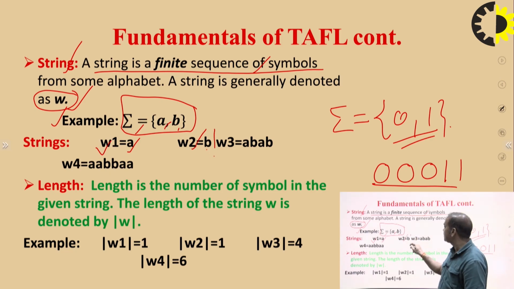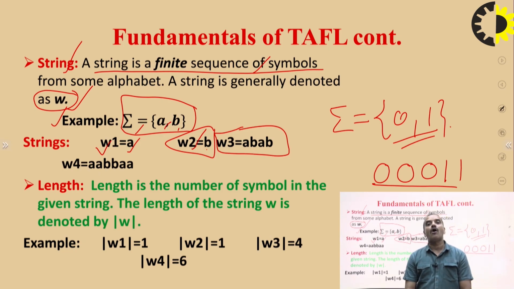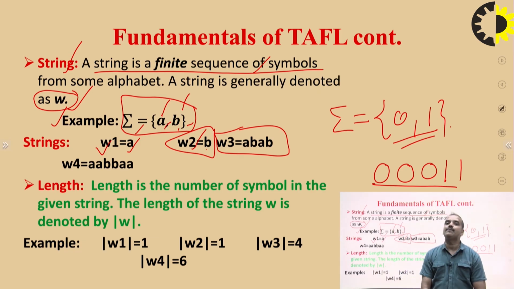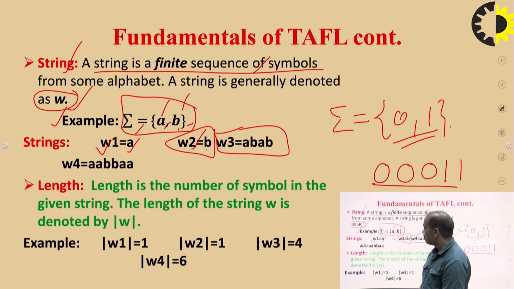This is also a string, W2. Or this is also a string, W3 equal to ABAB. That means we obtain a sequence of A and B from the input alphabet, and by concatenating, we could construct an infinite string. But here we only discuss finite terms, so we don't take an endless string.